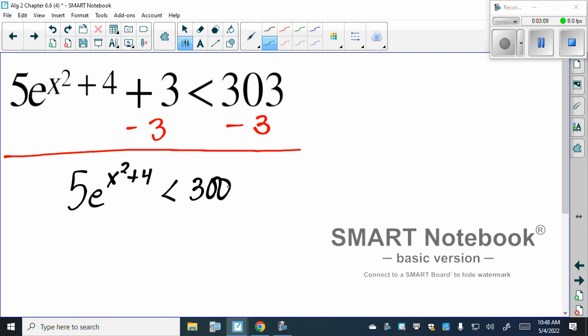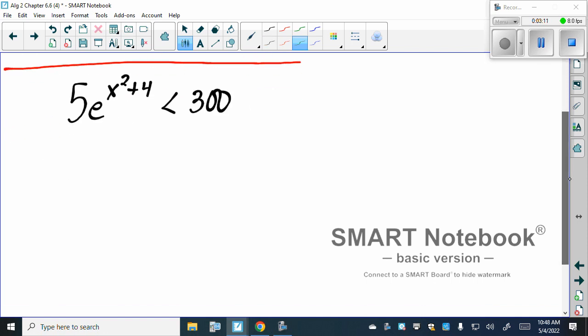Now, what can we do next? I will actually show this here, because in the video I also had someone say that from last year we can take ln of both sides. If we do that, we'd have ln of 5 times e to the x squared plus 4. Well, we have the 5 with it, yes?